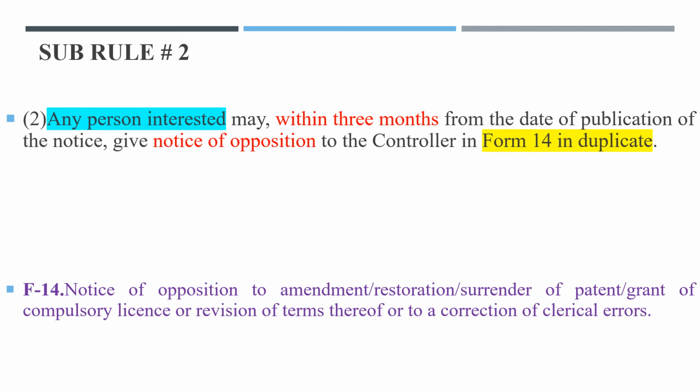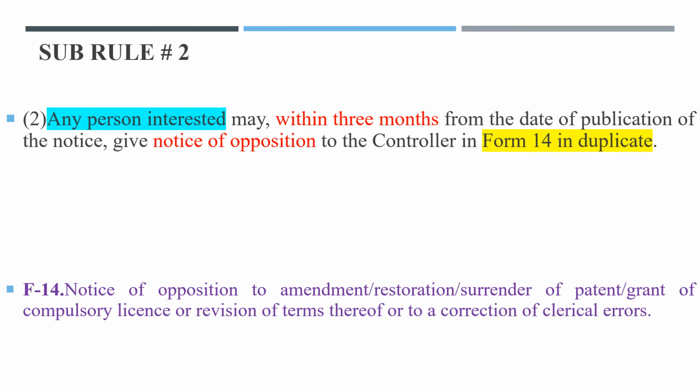Subrule 2 says, any person interested may, within 3 months from the date of publication of the notice, give notice of opposition to the controller in Form 14 in duplicate. Here the person is any person interested.